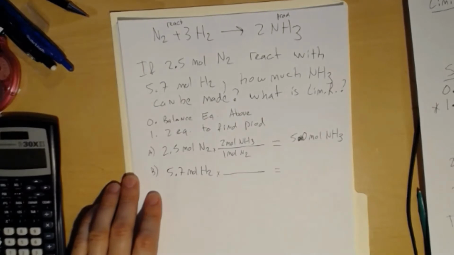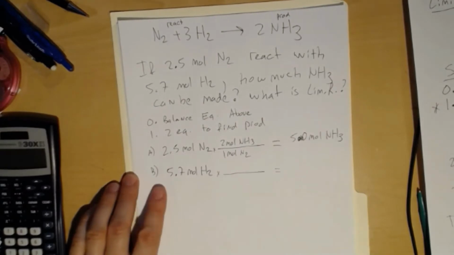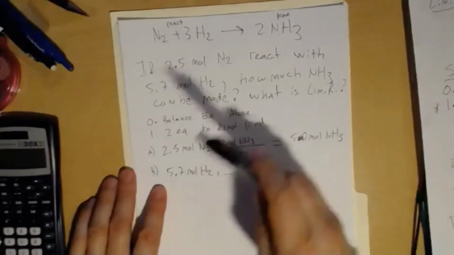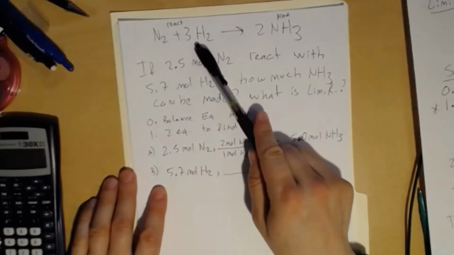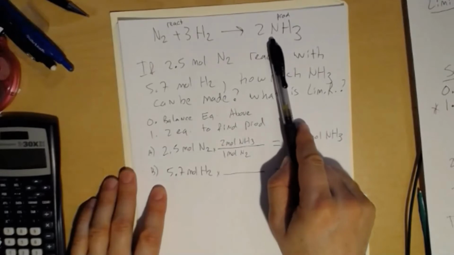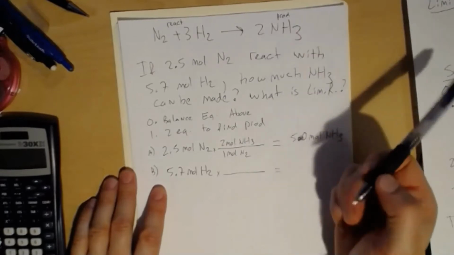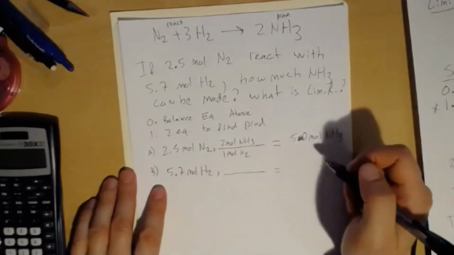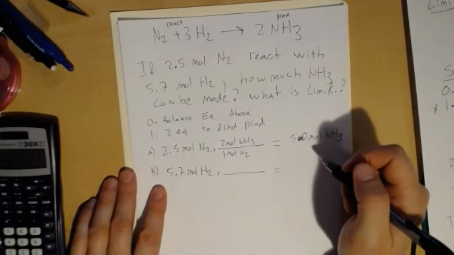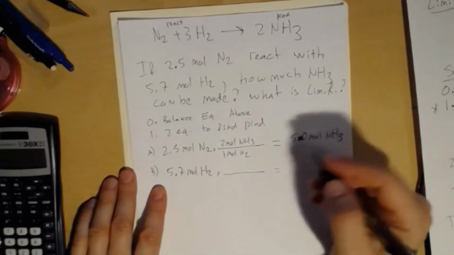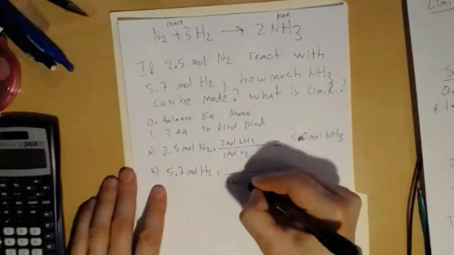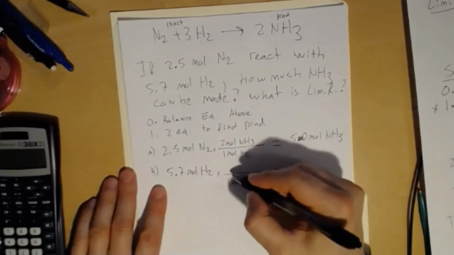Nobody? Is it 3? Yeah, there's a 3 for the hydrogen. 3 to 2. Okay, so where does the 3 go? On the bottom? Yes.